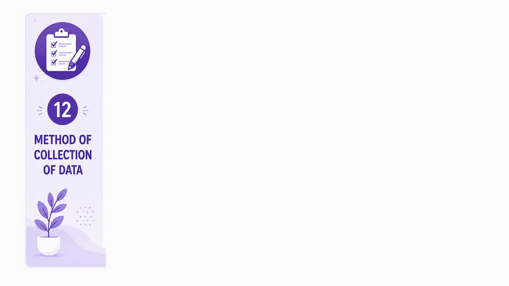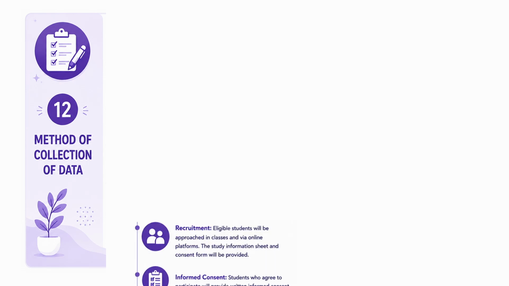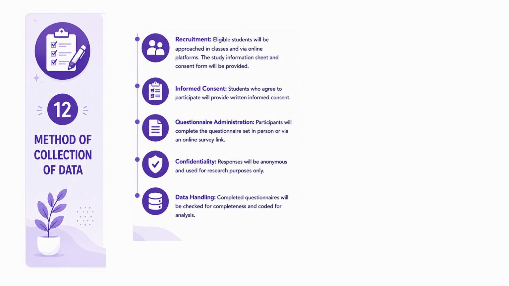Next part of the methodology is method of collection of data. Recruitment: eligible students will be approached in classes or via online platforms. The study information sheet and a consent form will be provided to get the informed consent.